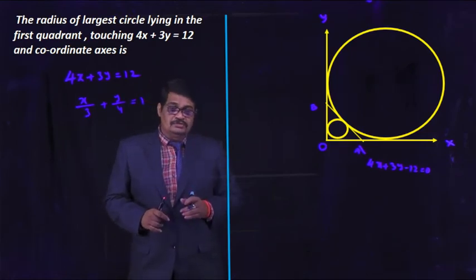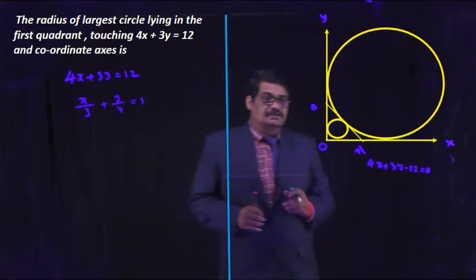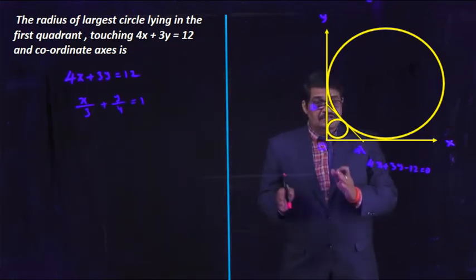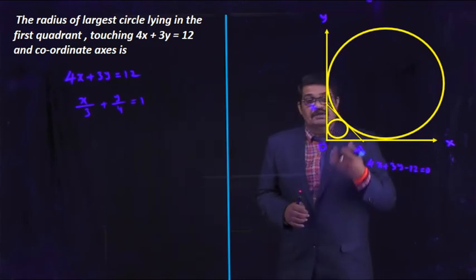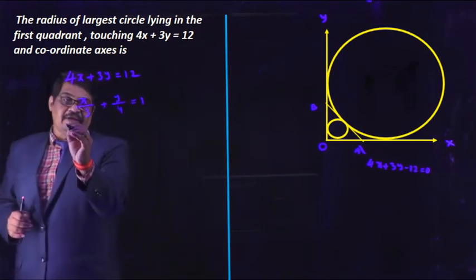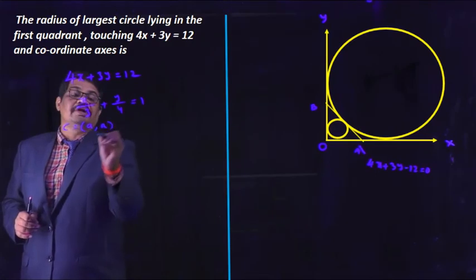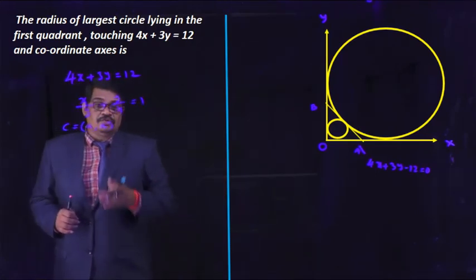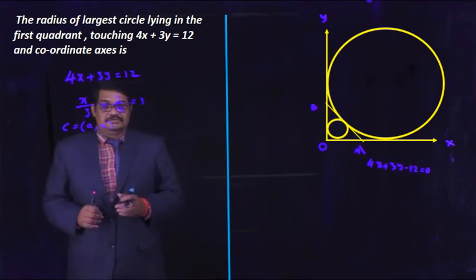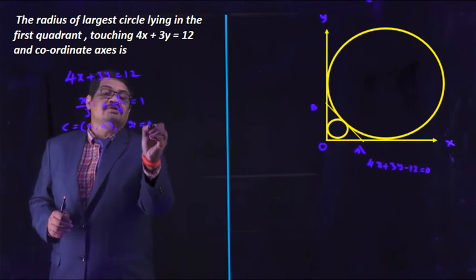Now we have to find the largest circle's radius. If any circle touches both the coordinate axes, then the x and y coordinates of the center are equal. Here we take the center as (a, a), and the radius is also a.